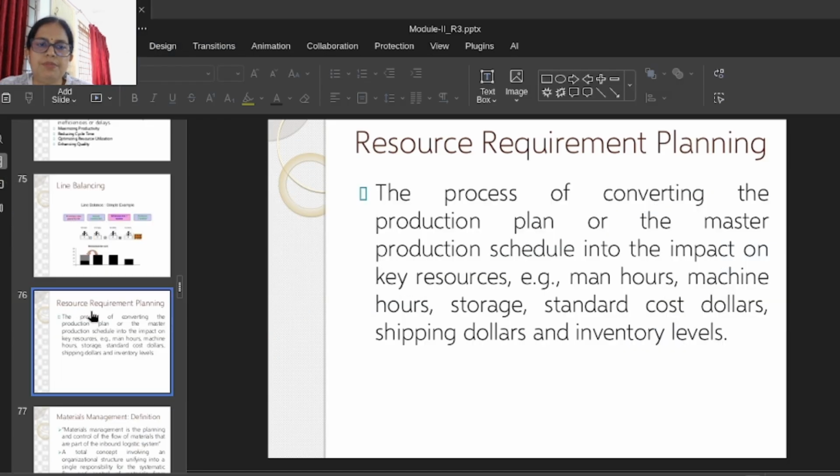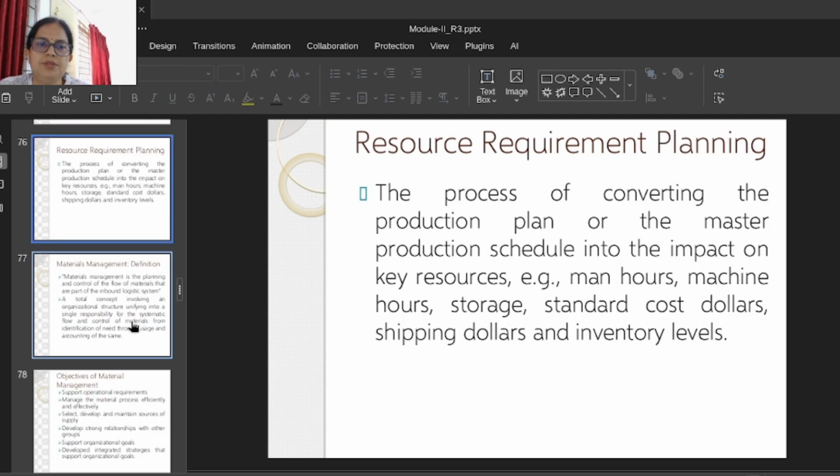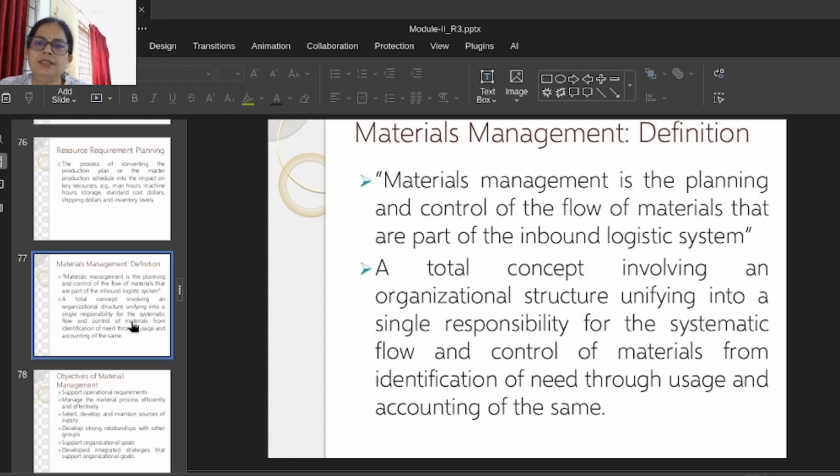In resource requirement planning, we are going to discuss material requirement planning, MRP1, and manufacturing resource planning, MRP2. What is material management or material requirement planning? Material management is the planning and control of the flow of materials that are part of the inbound logistics system.